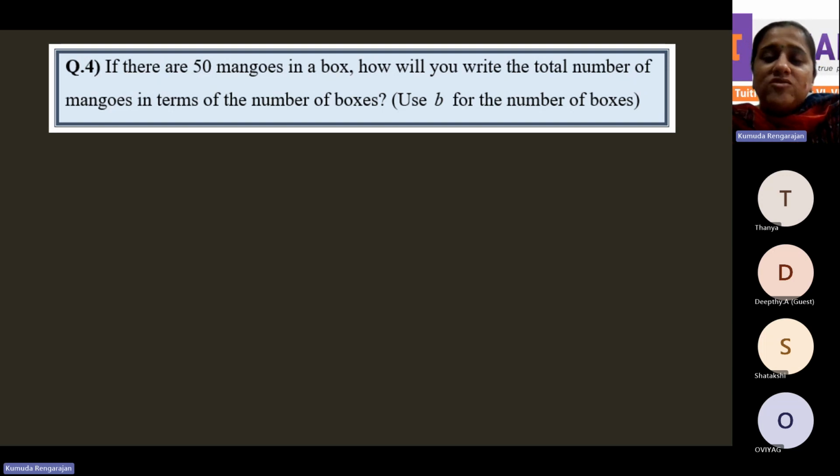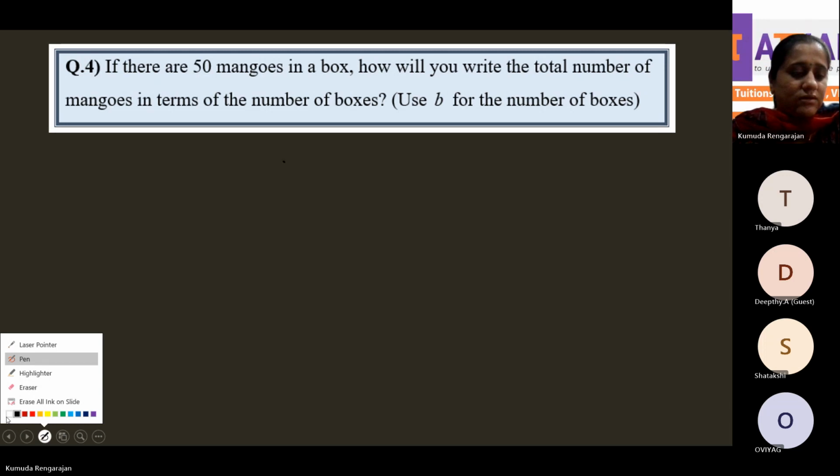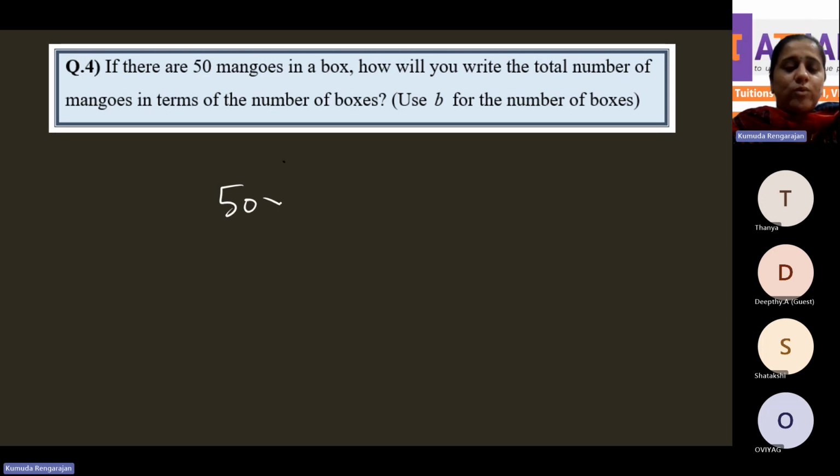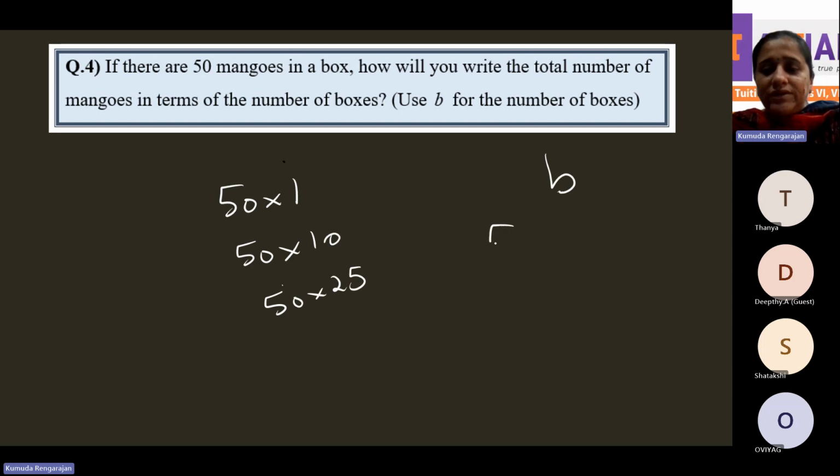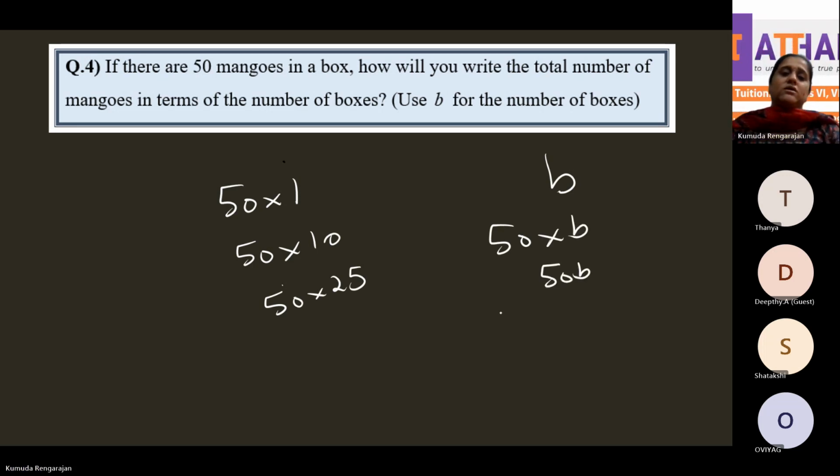They're asking you to take it as B. One box, 50. 10 boxes, 50 into 10. 25 boxes, 50 into 25. B boxes, 50 into B. So 50B is the rule.